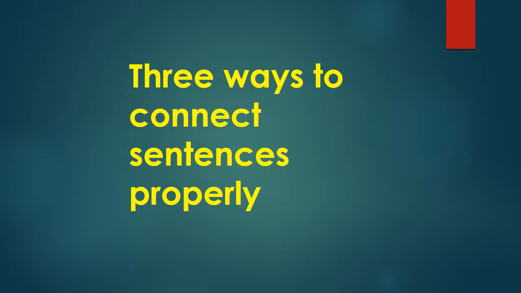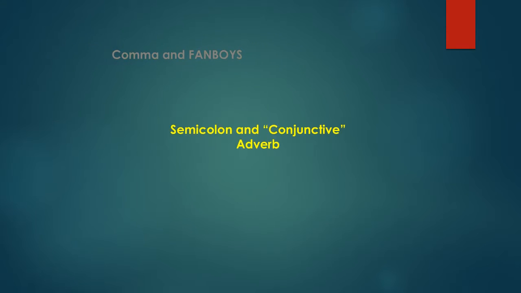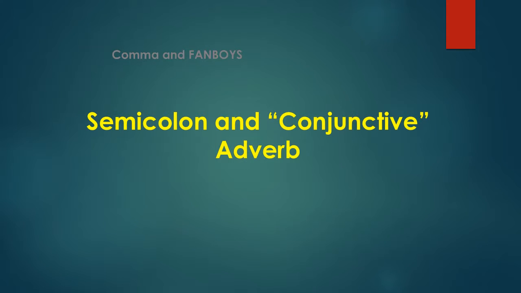There are 3 ways to connect those sentences properly. You remember these from last week. Comma and fanboys, that's for, and, nor, but, or, yet, and so, only. You can only use these conjunctions with a comma. You can also use a semicolon and a conjunctive adverb, and you can think of conjoined twins.